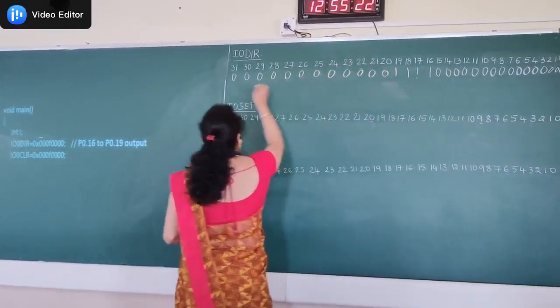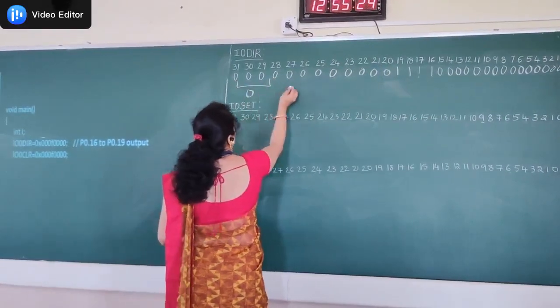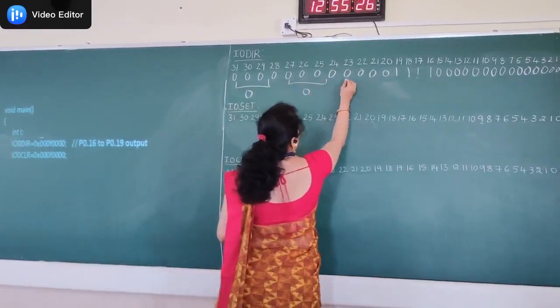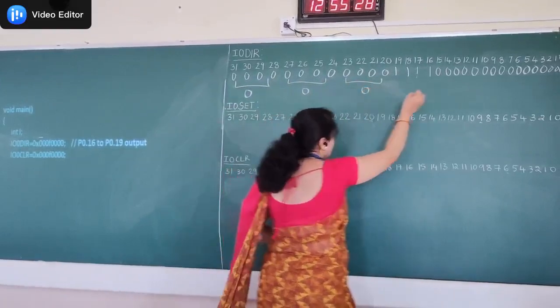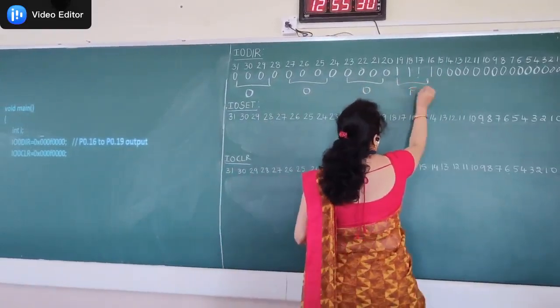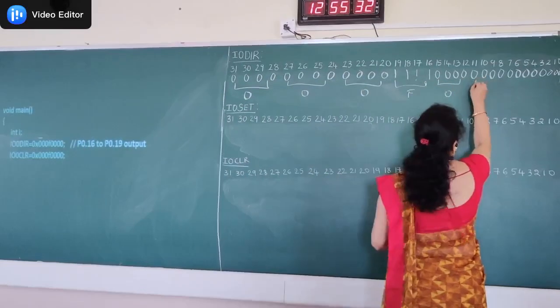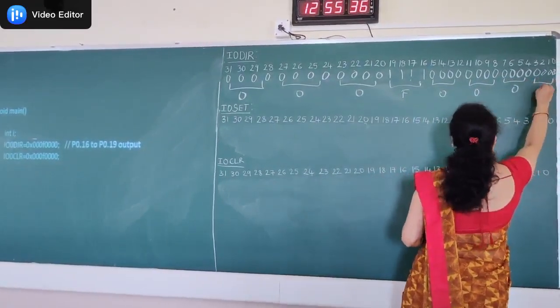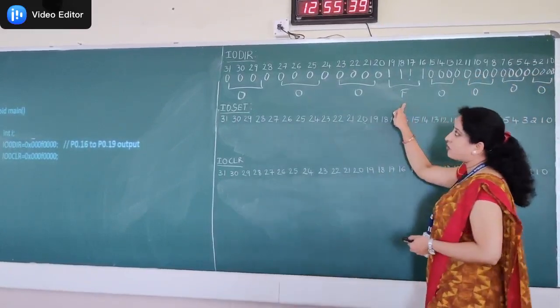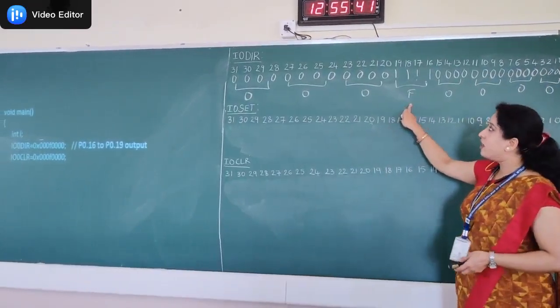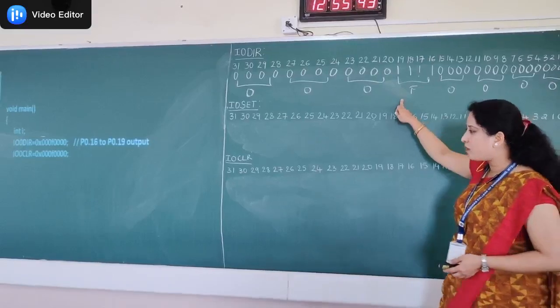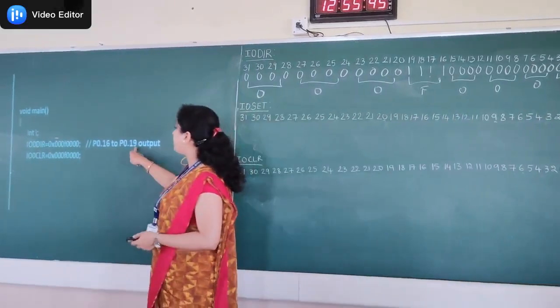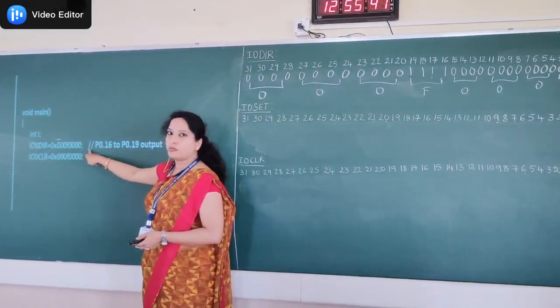So the hex equivalent of this will be 0x000F0000. This will configure port 0 pin numbers 16 to 19 to function as output pins.